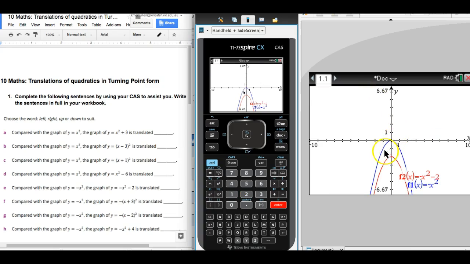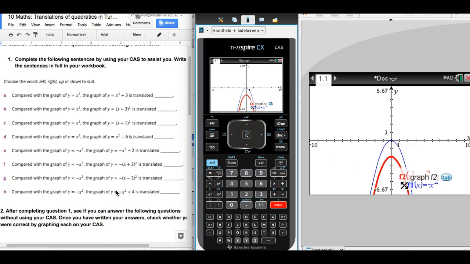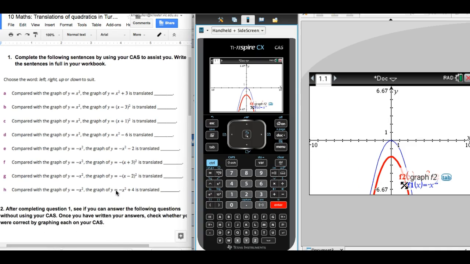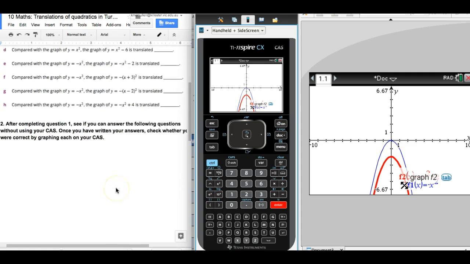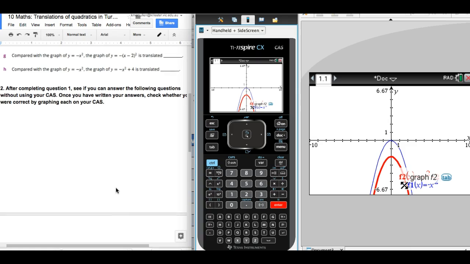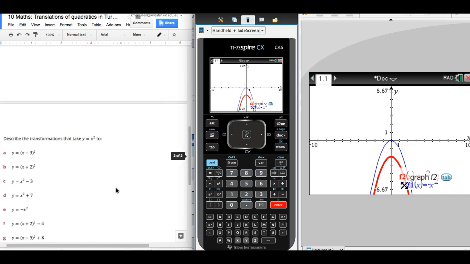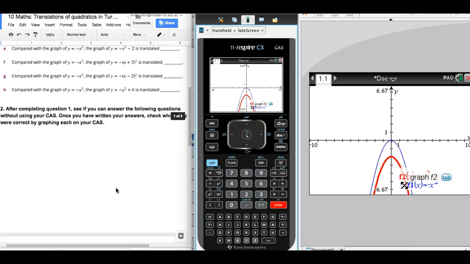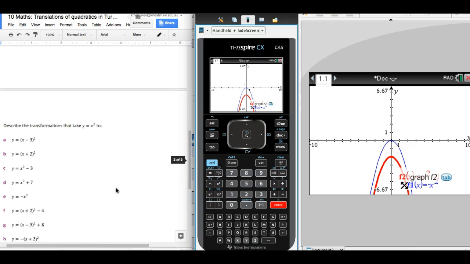You can see your original negative x squared graph here, and there it is, shifted down 2. So you can go through and complete the rest of them. Once you've done that, see if you can do question 2 without your calculator, and you can check your answers on CAS if you want to, or come back to these ones to see what has happened.